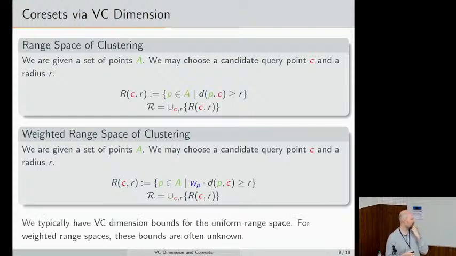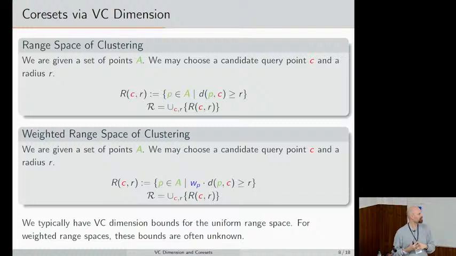So the good news is that we do have a fairly good understanding of the uniform, or unweighted, range space, with VC dimension bounds for various metrics, as we will see. But if you try to search the literature for weighted range spaces, you will not be able to draw upon many results.